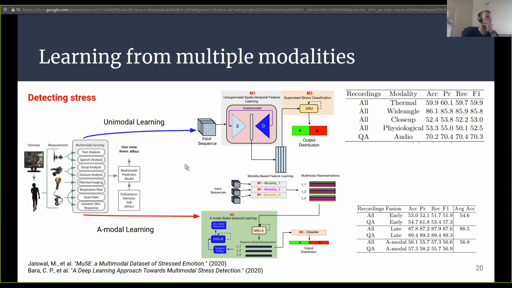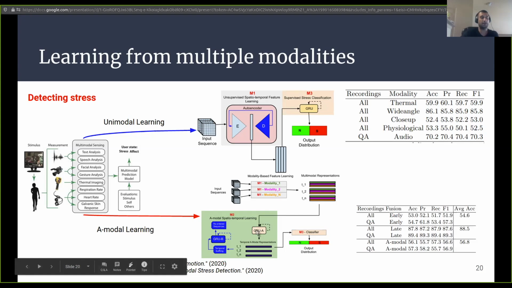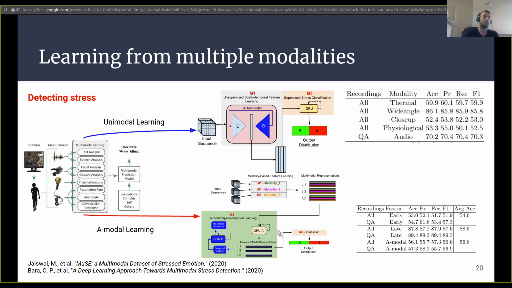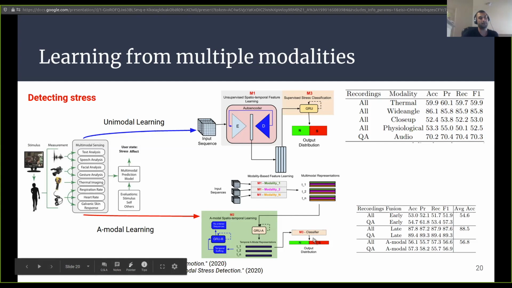So the architecture was supposed to create a representation for each modality individually, align these modalities in the temporal domain, learn their temporal representations, and eventually provide the modality agnostic representation that could be used for whatever downstream task we had.